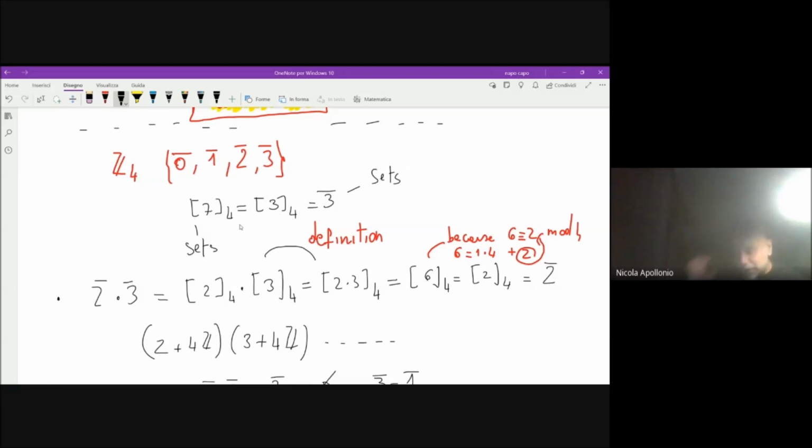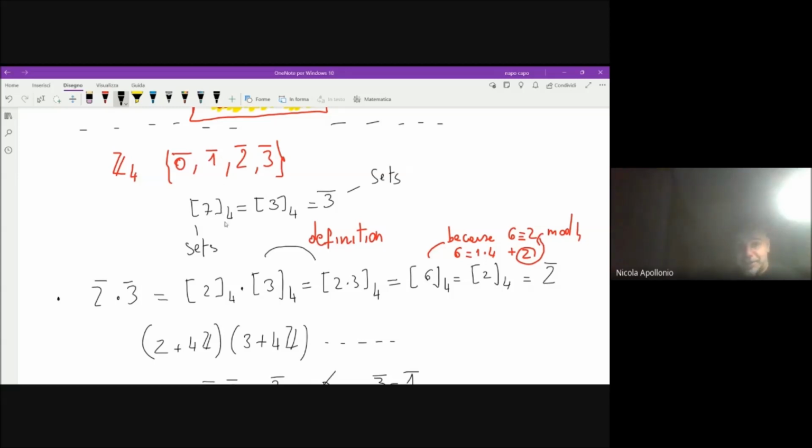But we already have an idea to introduce operations on these sets. Our aim is to build an arithmetic on these sets, and we are on the good way to do that.